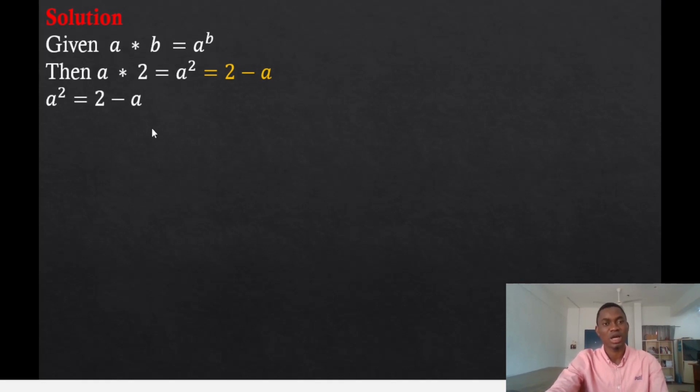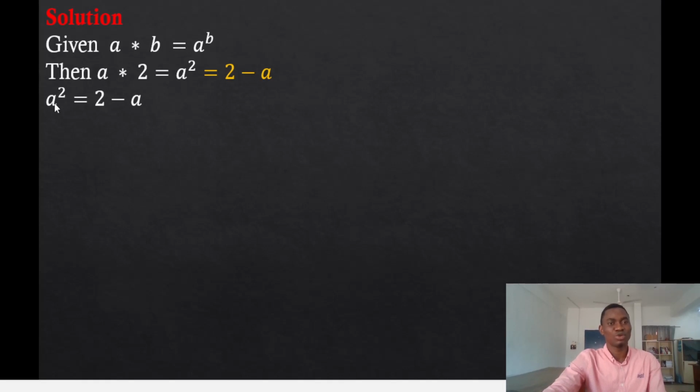Right now, we are left to solve A squared equals 2 minus A. Is that clear? This resembles a quadratic equation, but this equation is not in standard form.